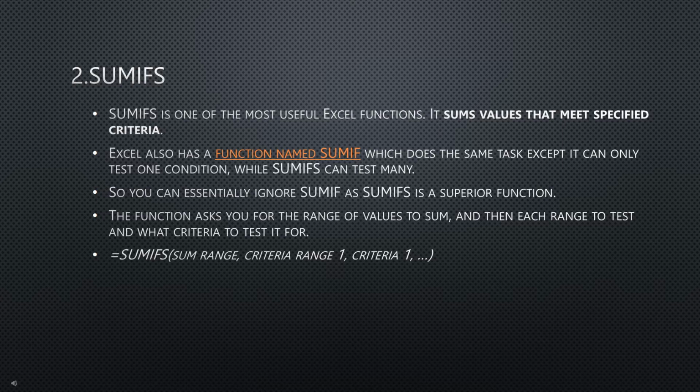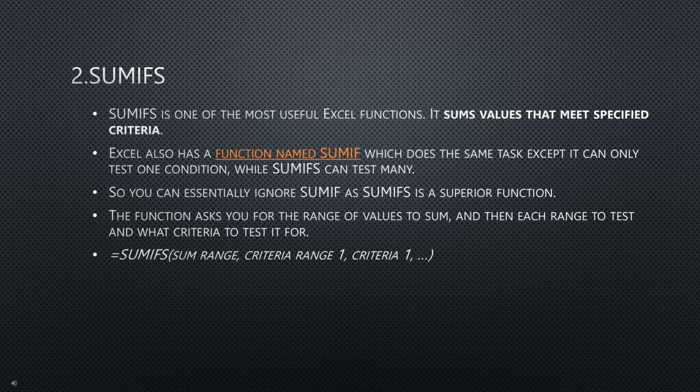So you can essentially ignore SUMIF as SUMIFS is a superior function. The function asks you for the range of values to sum, and in each range to test and what criteria to test it for. The formula is SUMIFS, and in the bracket: sum range, criteria range 1 and criteria 1, like that.